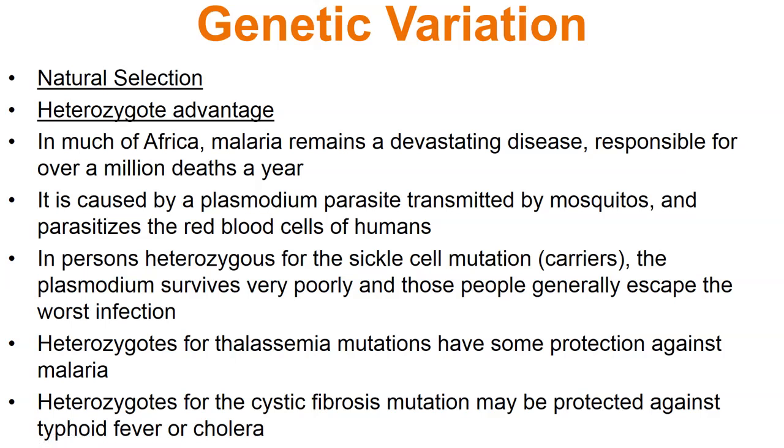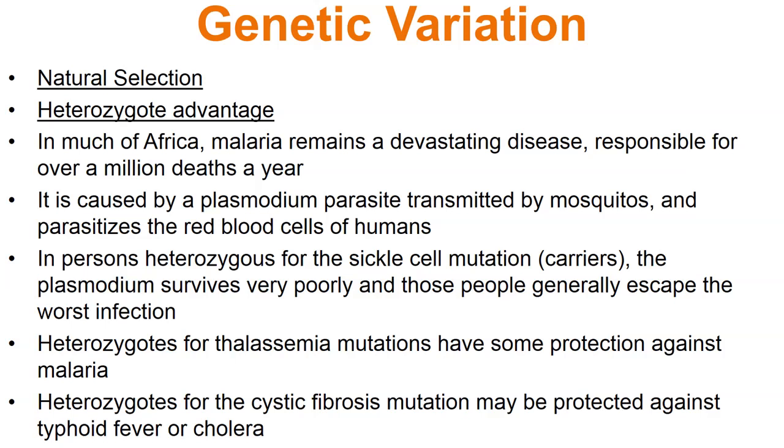You had a carrier rate of about 1 in 25, an incidence of about 1 in 2,500 in Caucasian populations. That's very, very high for a genetic disease which is essentially lethal. Okay, has a very severe reduced fitness in those individuals. Okay, so that's one. And when you see something like that, you have a severe disease but a high incidence, could be a heterozygote advantage.